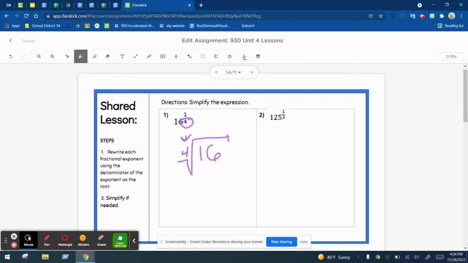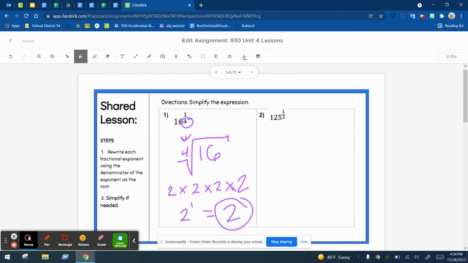So we're asking for the fourth root of 16, all to the power of 1. So what number multiplied by itself 4 times is 16? It's actually going to be 2, because 2 times 2 times 2 times 2 is 16. So the fourth root of 16 would be 2, and 2 to the power of 1 is just 2.